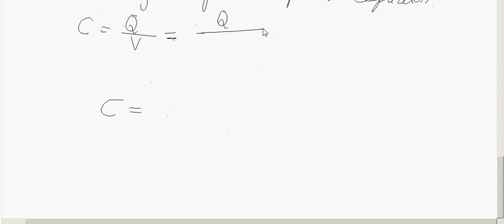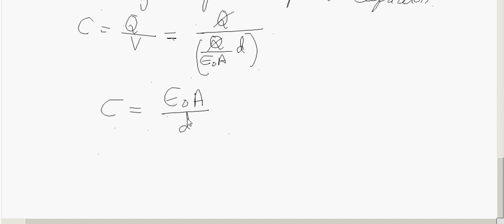We got V as Q divided by epsilon naught A, into d. Q will get cancelled. So C will become equal to epsilon naught A by d.